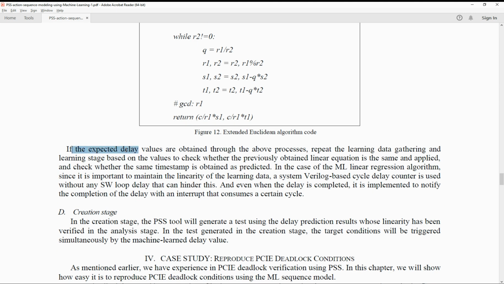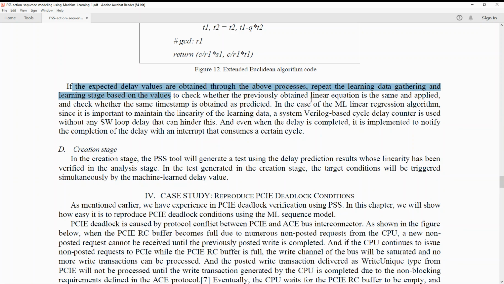And if the expected delay values are obtained through the above processes, repeat the learning data gathering and learning stage based on the values to check whether the previously obtained linear equation is the same and applied, and check whether the same timestamp is obtained as predicted.